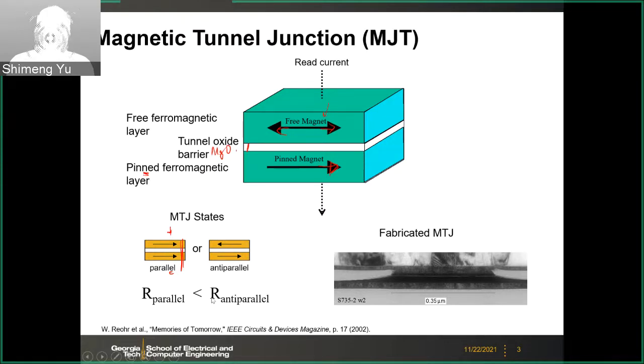So the resistance is different. This is the basic property of this MTJ structure. You have two little magnets, and depending on their magnetization direction, parallel or anti-parallel, you will have different resistance across the stack. In other words, if you read out the current through this vertical path, your readout current will be different.